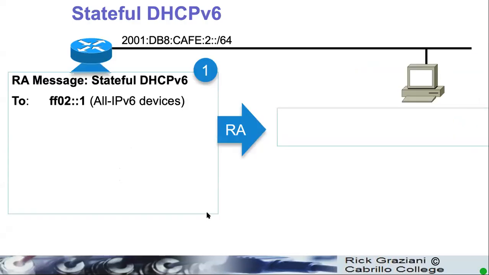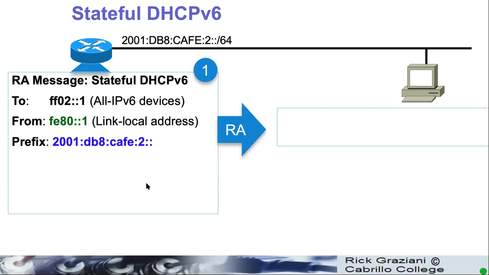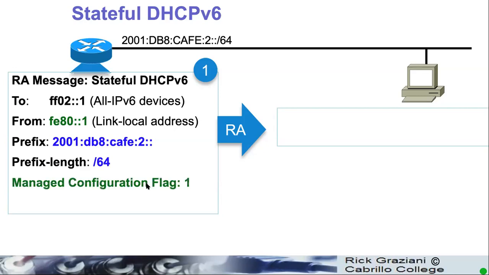So let's take a look at our stateful DHCPv6 router advertisement. It's going to all IPv6 devices, sent from the link-local address. There's our prefix length, managed config flag set to 1. The end device will receive this router advertisement and say, okay, it came from that link-local address, that's my default gateway.